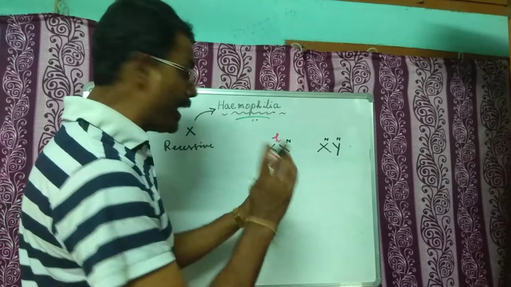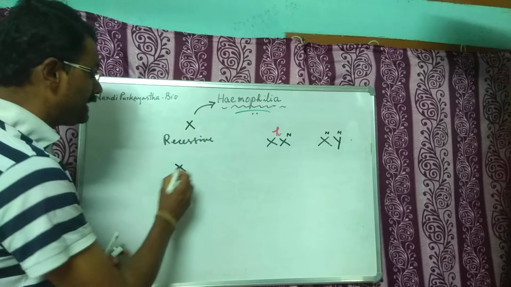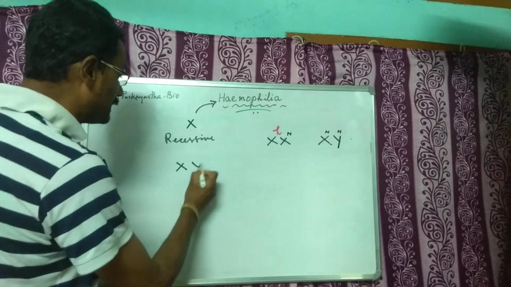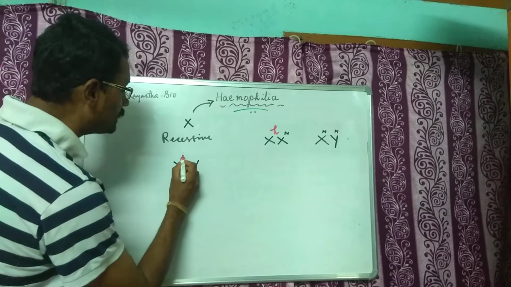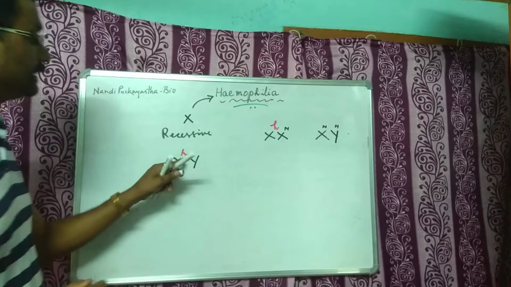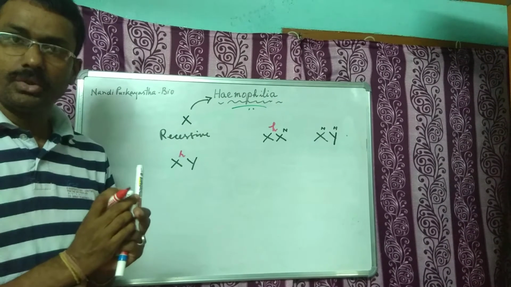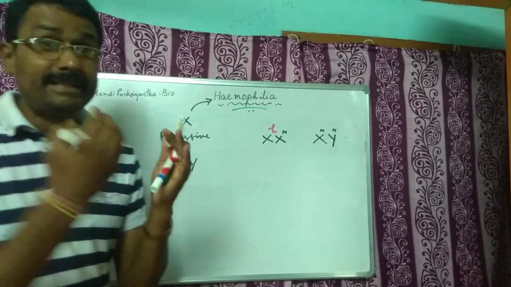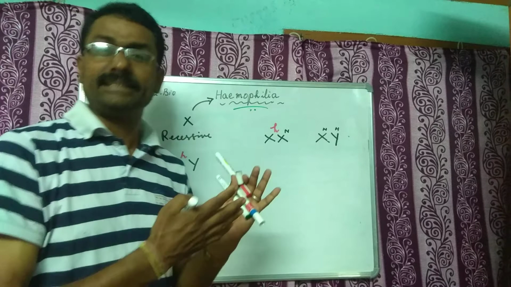Now, when I speak about the X chromosome, if there is a Y, and the X has the hemophilia gene in it, then the Y chromosome doesn't have the character to suppress it.